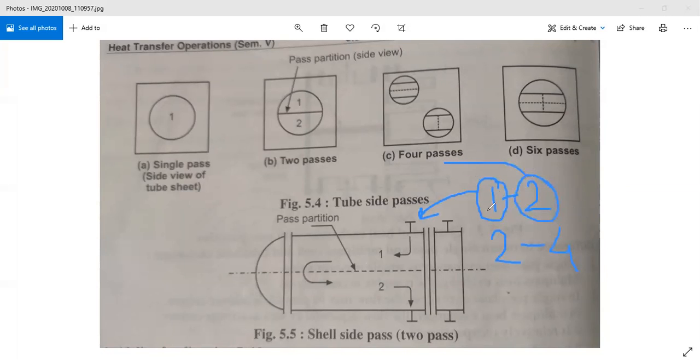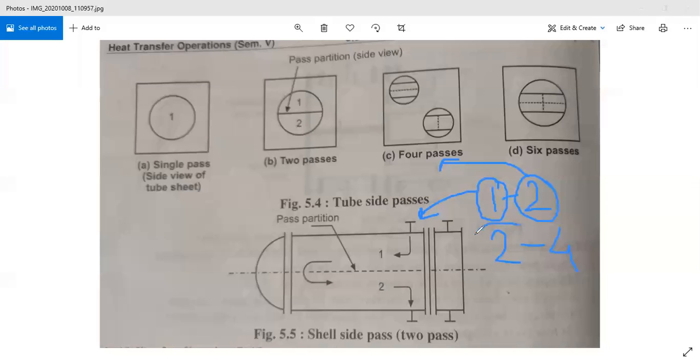Now in the first case, there is only one shell side fluid pass and there are 2 tube passes. So these numbers indicate how many passes are there in the shell side fluid and in the tube side fluid.